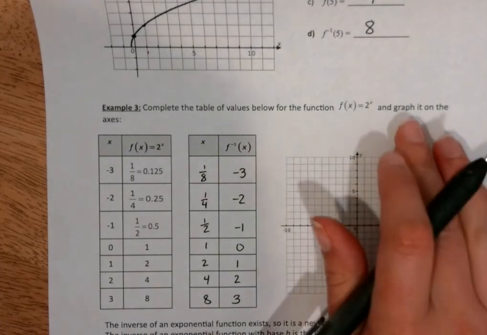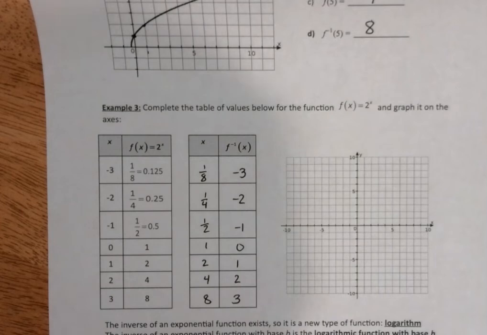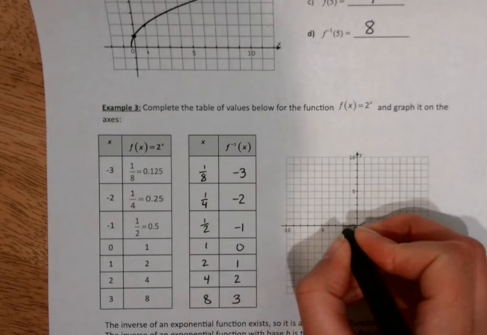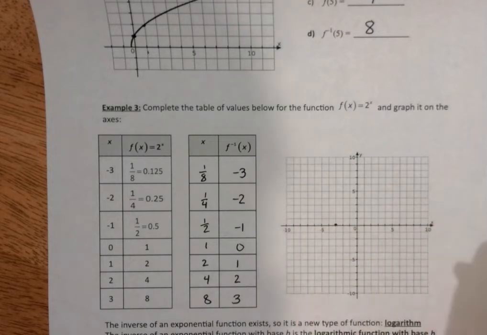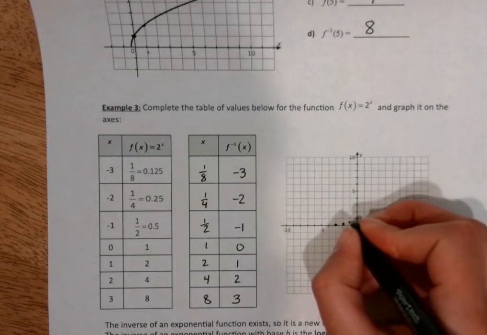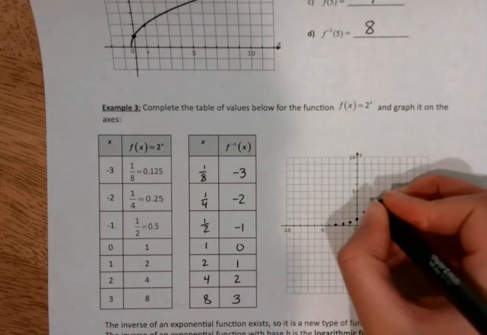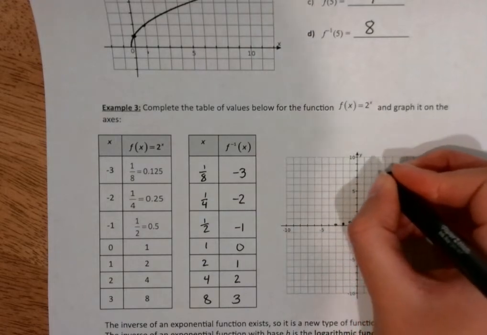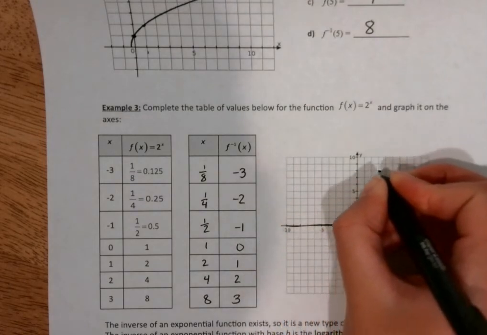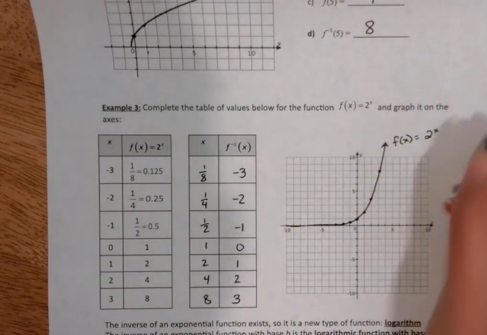Now we're going to graph the inverse. Might as well graph the function as well on this grid. So I had -3, 1/8, very small, -2, 1/4, very small, -1, 1/2, 0, 1, 1, 2, 2, 4, and 3, 8. So this graph, the first one, is the original f of x equals 2 to the x. It looks like an exponential function.